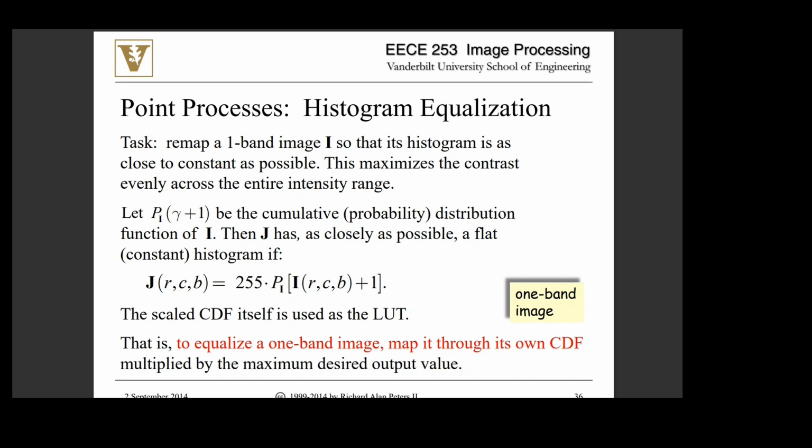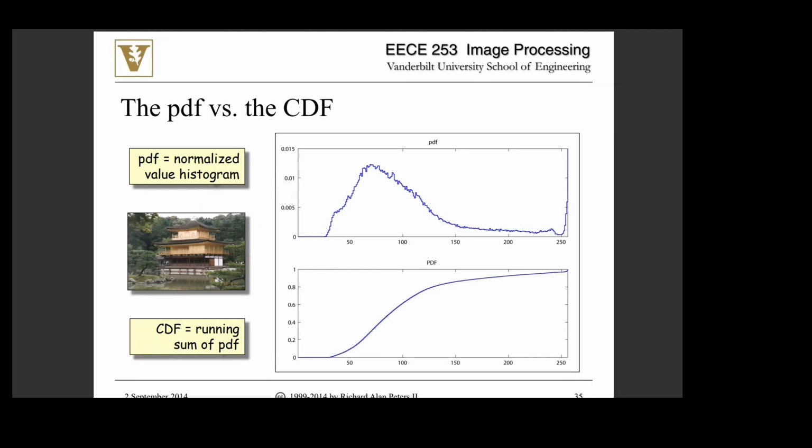Okay, so now, what is my transformation? I can compute this PDF, right? So I can compute the histogram of the input. I can compute the cumulative density function. And the cumulative will go between 0 and 1.